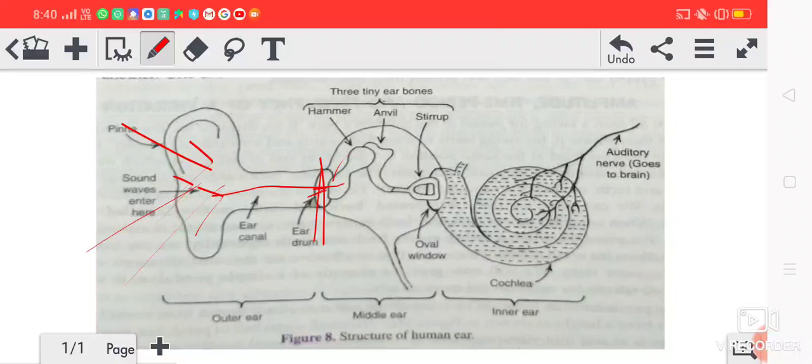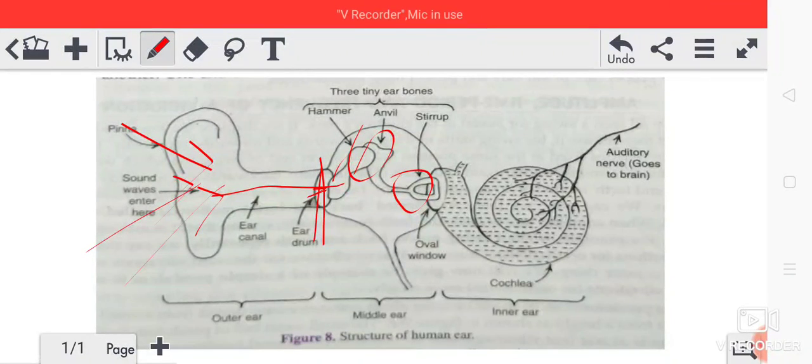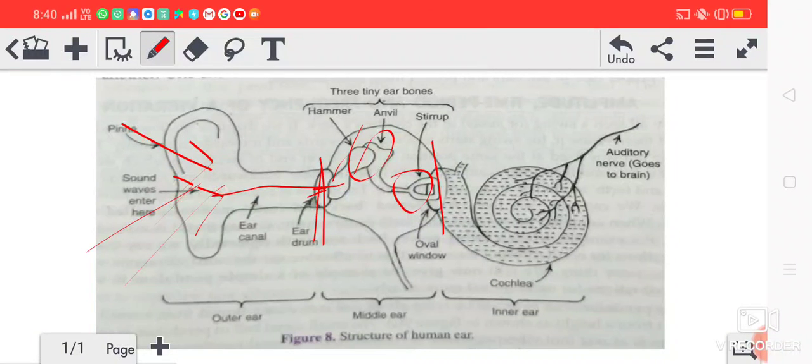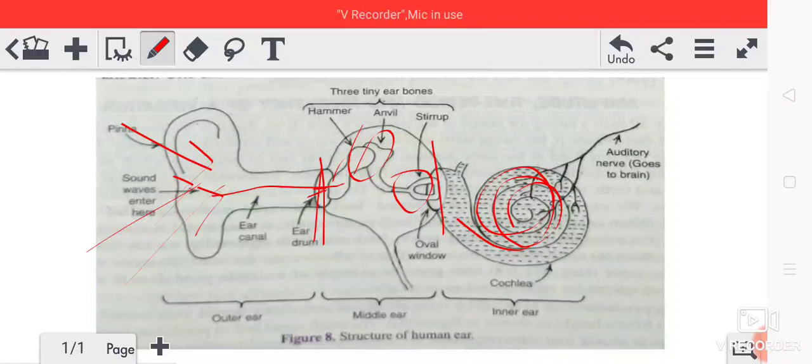From the hammer this vibration is passed to the second bone called the anvil and to the third bone, the stirrup. The vibrating stirrup strikes the membrane on the oval window here and passes the amplified vibration to the liquid in the cochlea.